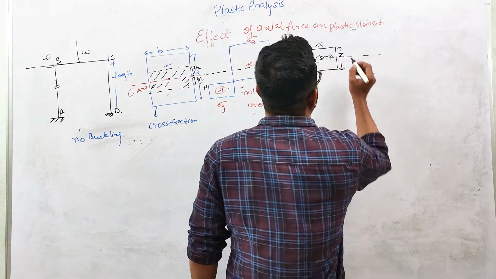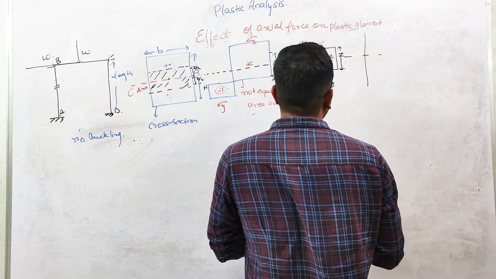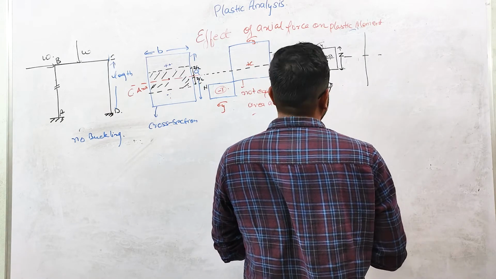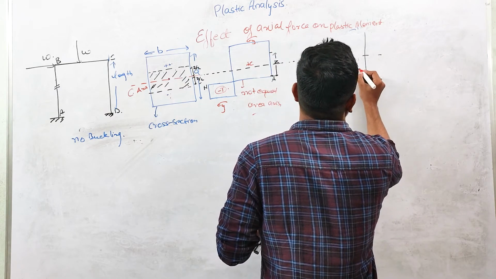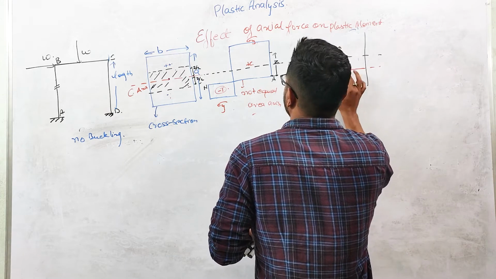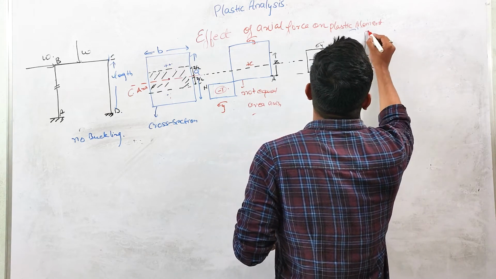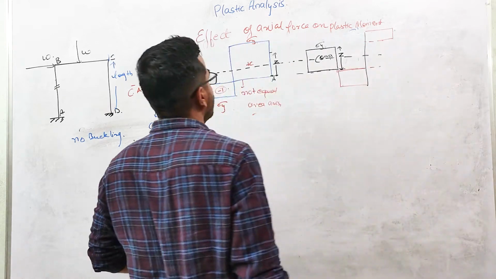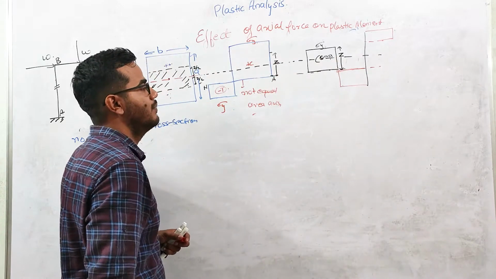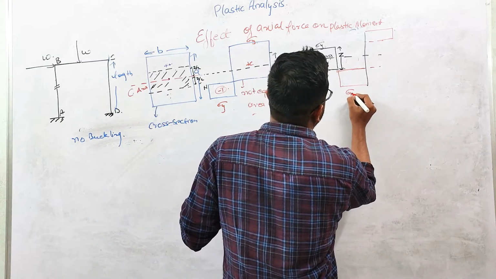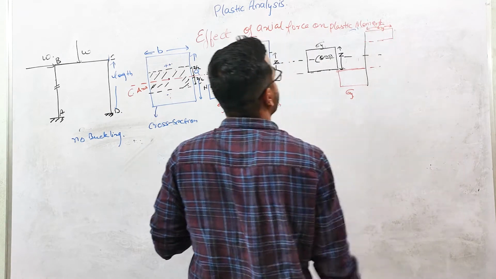And due to moment, the stress distribution will be symmetrical. Why symmetrical? Because this is a symmetrical cross section. Okay, so this is due to moment. Now if you combine these two stress diagrams, you will get this stress diagram. So here the stress at the extreme fiber is sigma y, and here also the stress at the extreme fiber is sigma y.